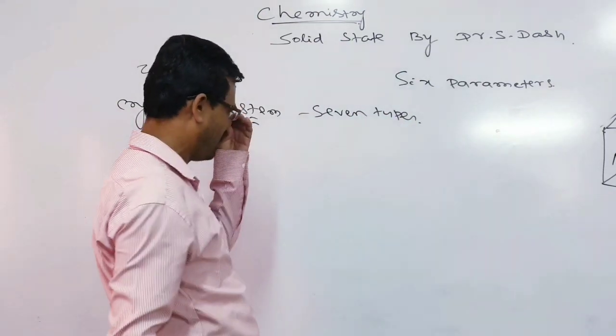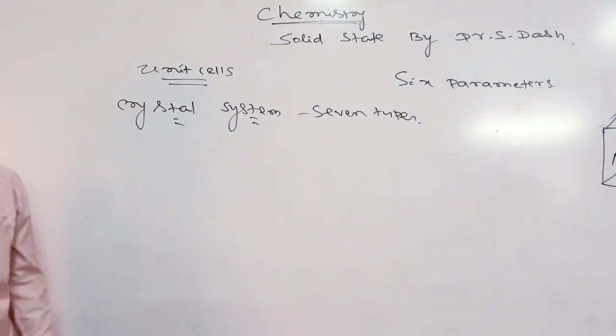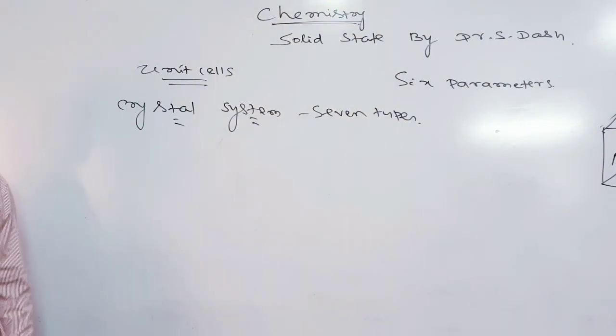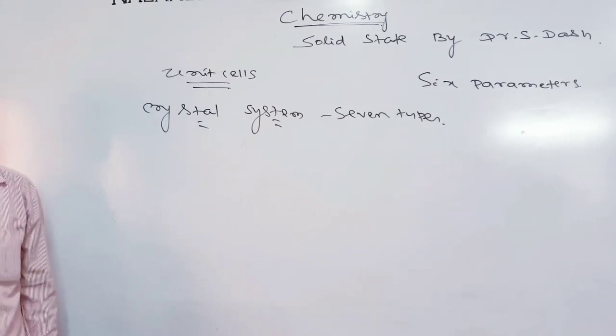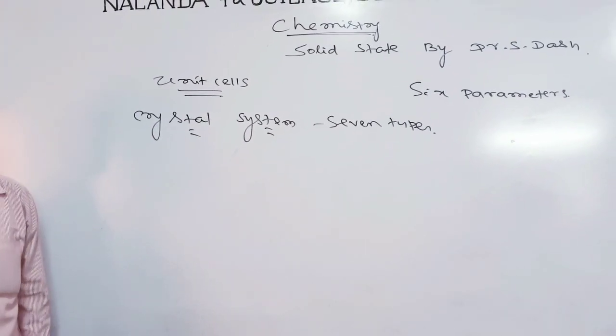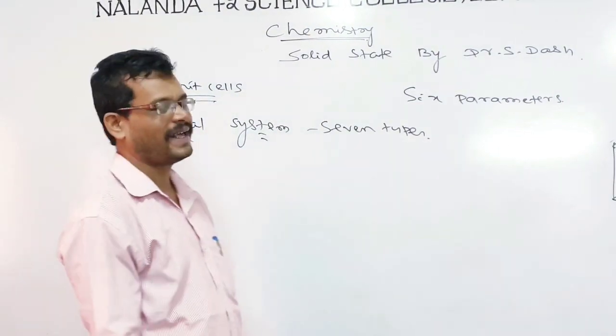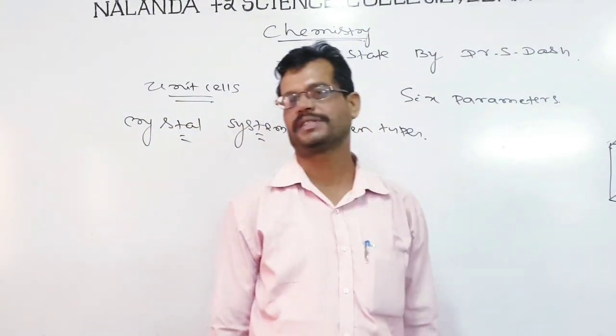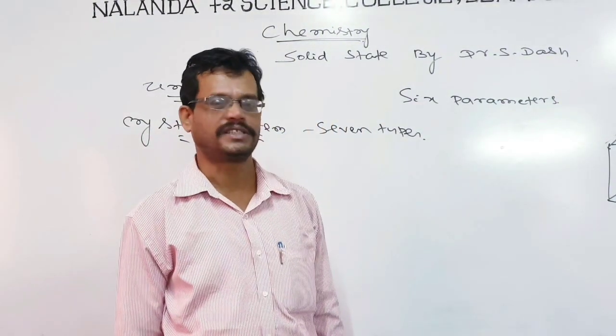All these 7 types of crystal systems are characterized by their bond lengths as well as their bond angles. So the bond lengths and bond angles differ in the different types of crystal lattice.